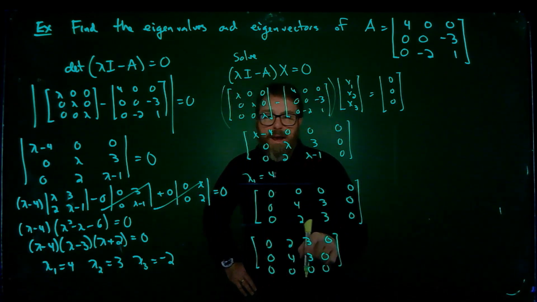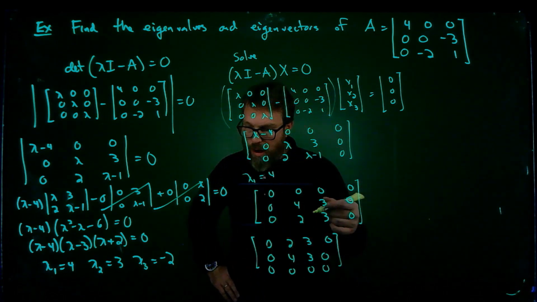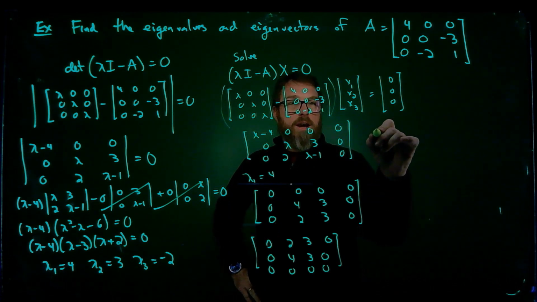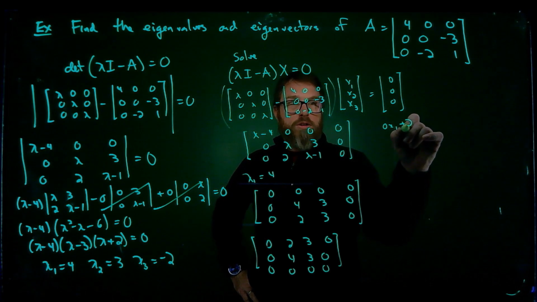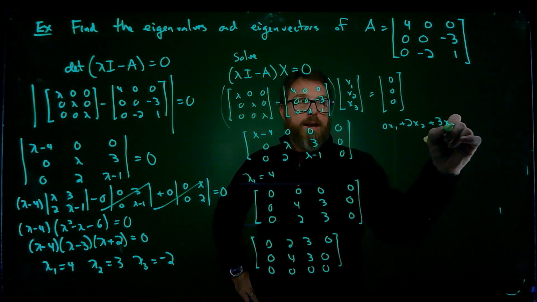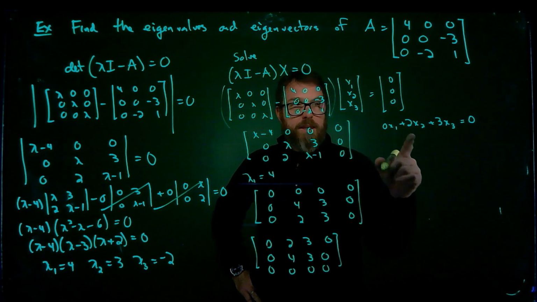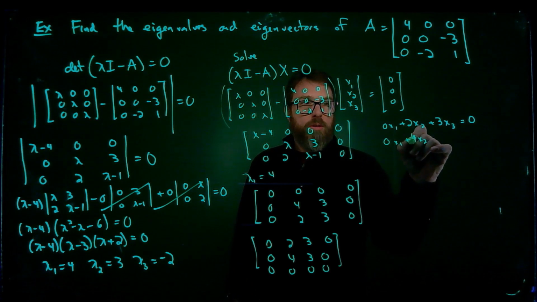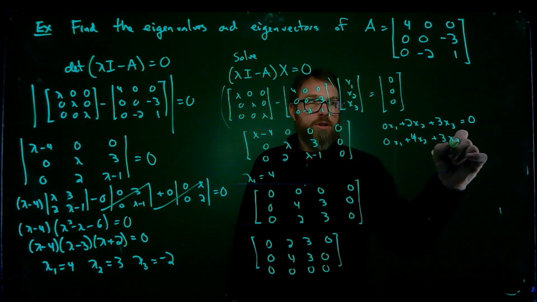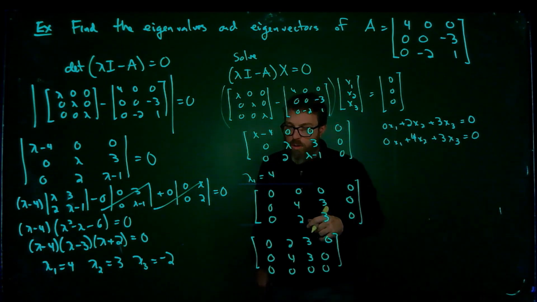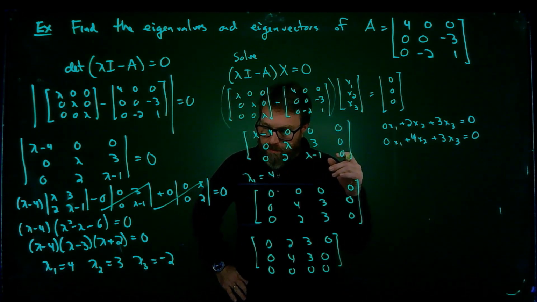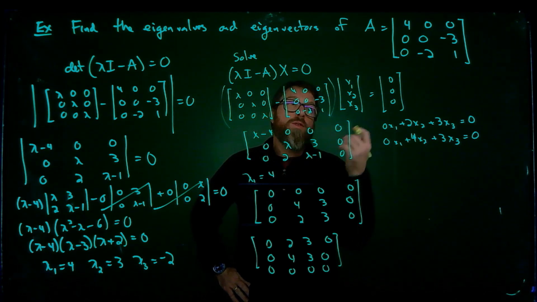So remember what we have here is it's going to be infinite solutions. So I'm just going to set this thing up. So the top row says 0x1 plus 2x2 plus 3x3 is equal to 0. And then the bottom row says 0x1 plus 4x2 plus 3x3 is equal to 0. And your goal really is to be able to write these things in, just solve one for one of the other variables.